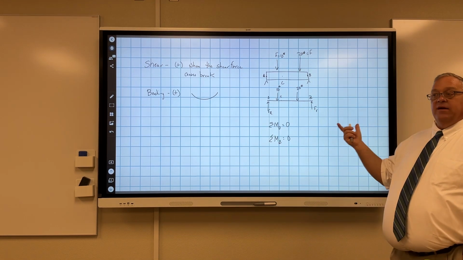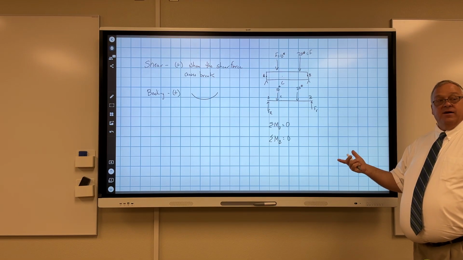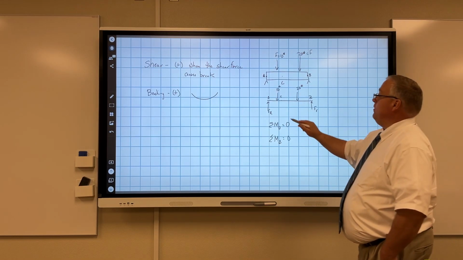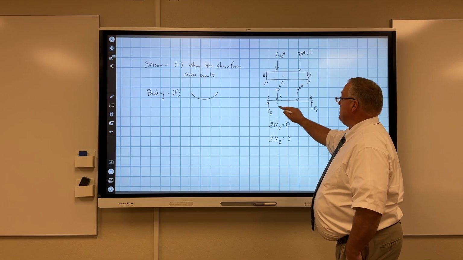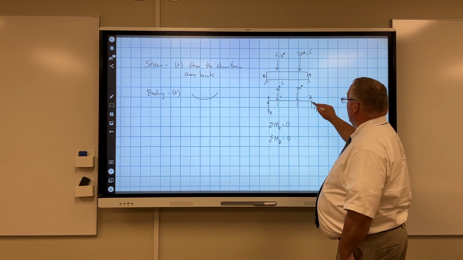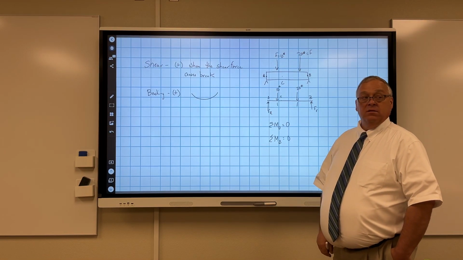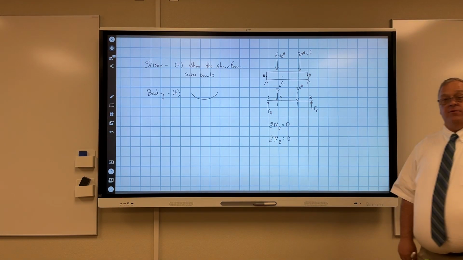Now you notice here, they're not equally dispersed. So I would have to know this distance or this distance or this distance to solve for one, then solve for the other.